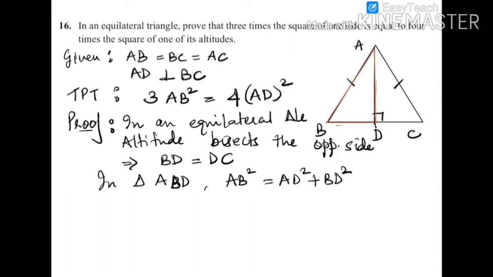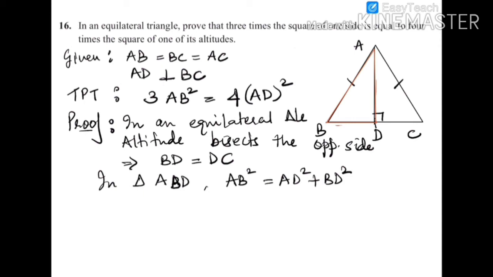So our further steps will be to get rid of the BD square term, and that we will do by writing BD in terms of BC, which can then be replaced with AB because all sides of the triangle are equal.